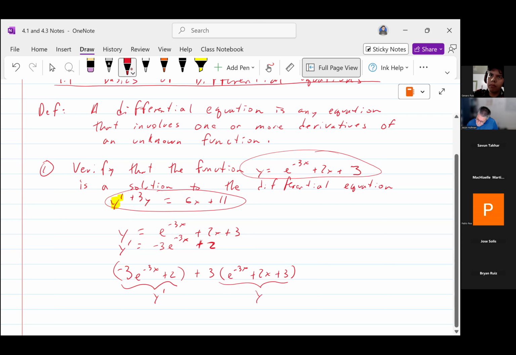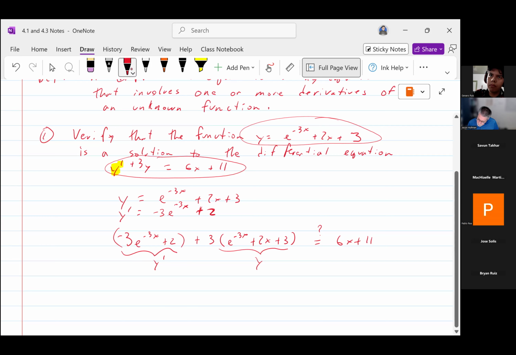So that's y. And we want to know, does that equal 6x plus 11? So let's distribute the 3 here and then combine some like terms. Negative 3 e to the negative 3x plus 2 plus 3e to the negative 3x plus 6x plus 9. Does that equal 6x plus 11?